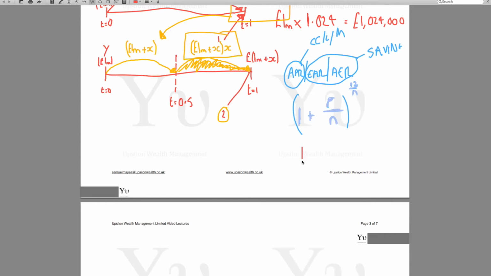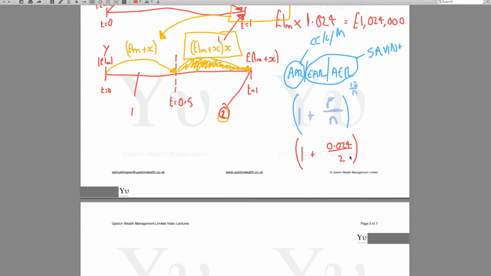We have 1 plus 0.024 divided by 2. Okay, because there's 2 compounding periods. Okay, now be very careful with this calculation.